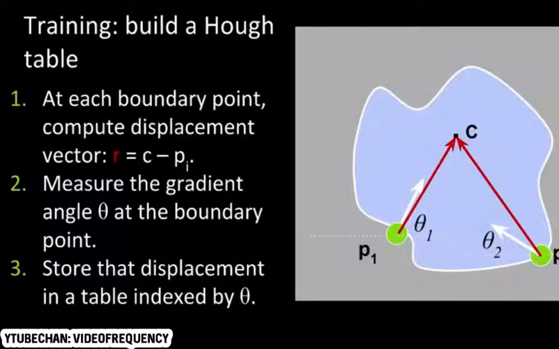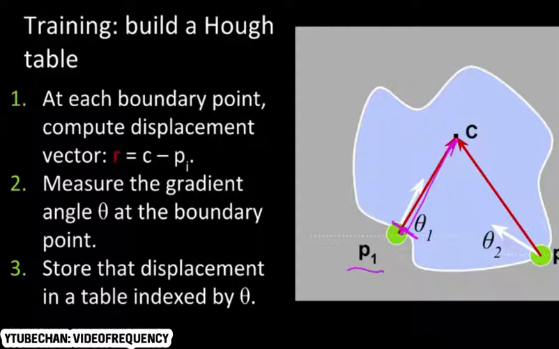The way it works is as follows. For each boundary point, and here we have our first one, P1, we compute a displacement, or an R vector, from that point to, here I've got it as the center, but it's some reference point. This is the point that we're going to use to locate the object. And we measure that R. That's a displacement vector. The next thing we do is compute the gradient and edge orientation.